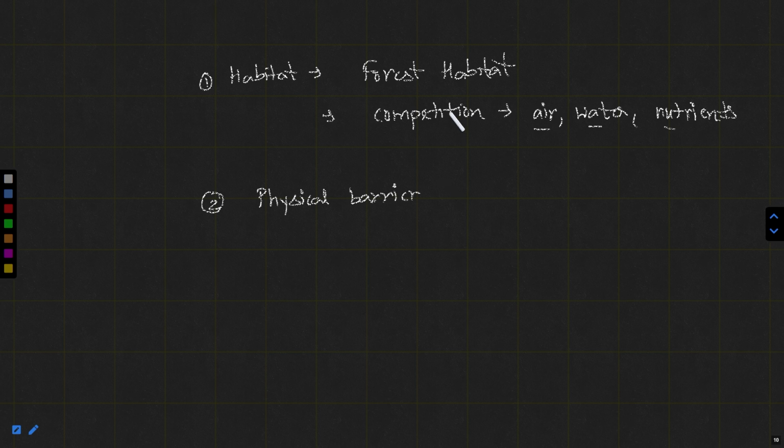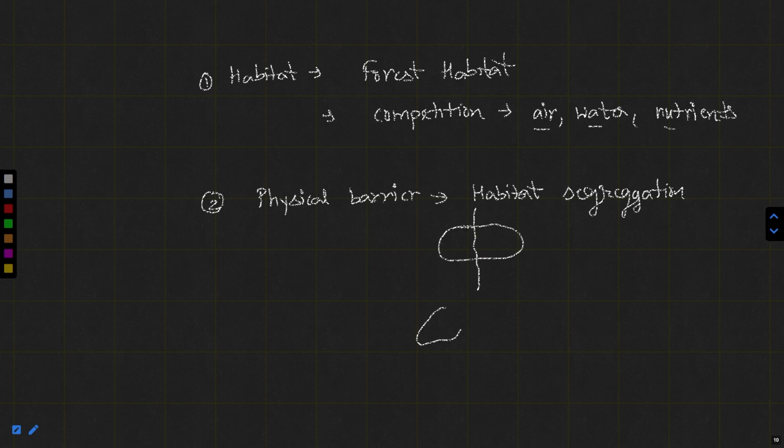So this will lead to habitat segregation. Now, initially it was one habitat, then there was a separation due to a physical barrier. So there is a geographical barrier here.